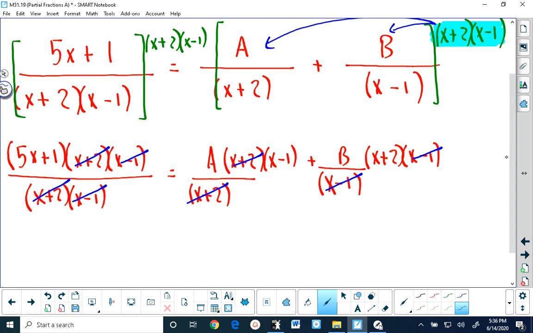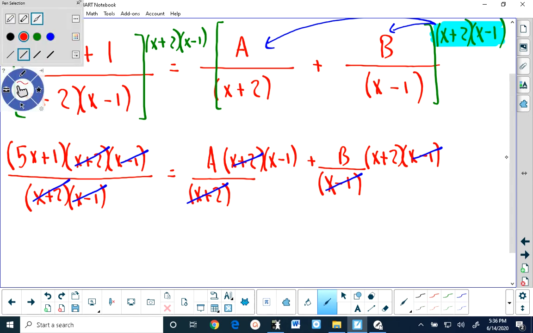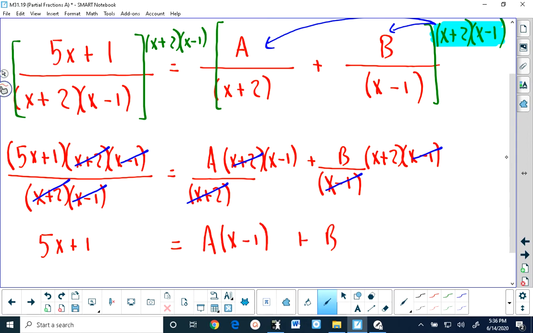And what that leaves us with is 5 multiplied by x and then plus 1 is equal to A multiplied by (x-1) plus B multiplied by (x+2). And I would suppose that most people would be capable of going from this point directly to this point without having to show that expansion.